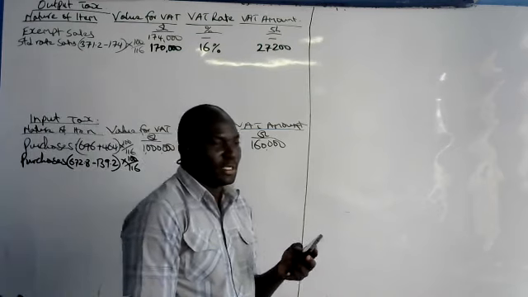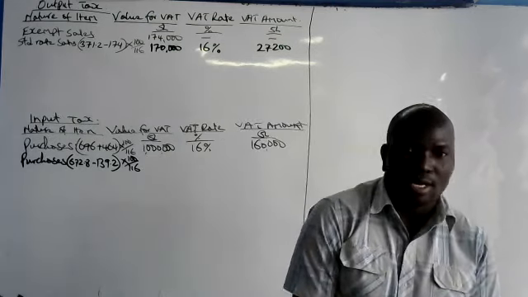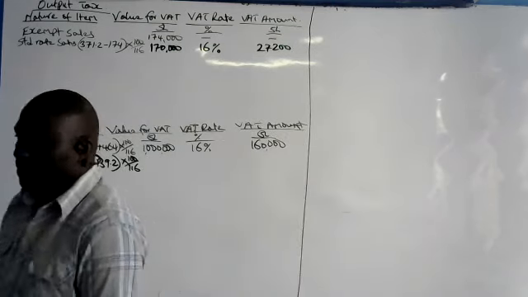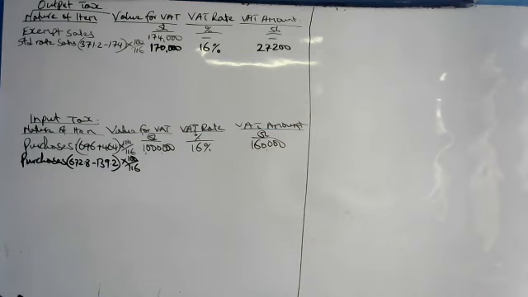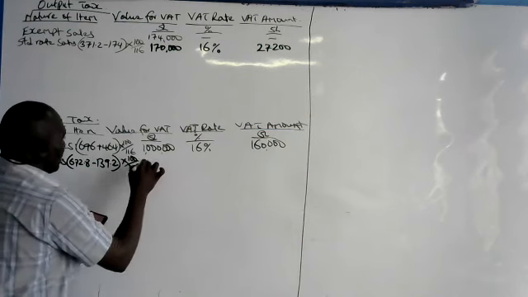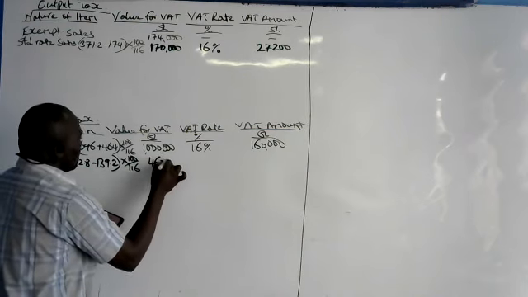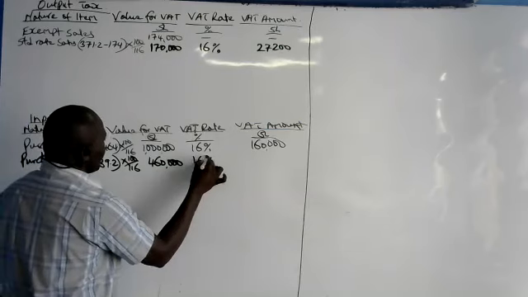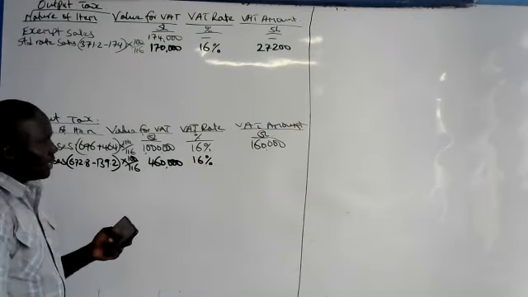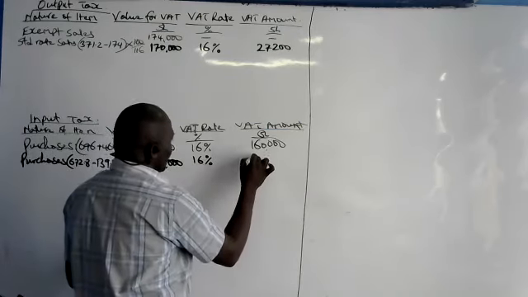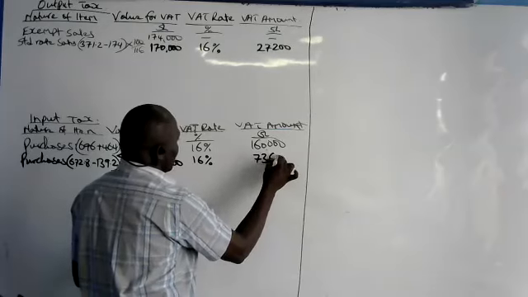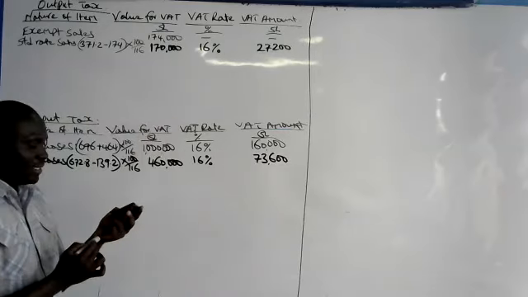The net purchases. How much is that? 16%. 73,600.